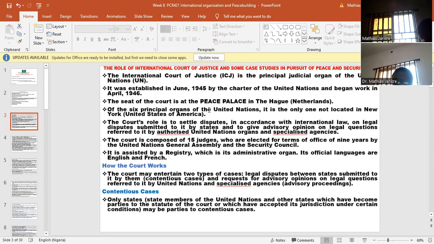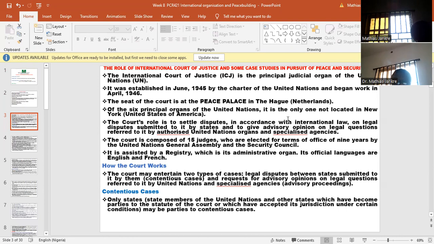Of the six principal organs of the United Nations, it is the only one not located in New York, United States of America.